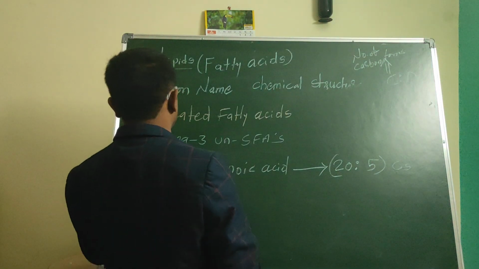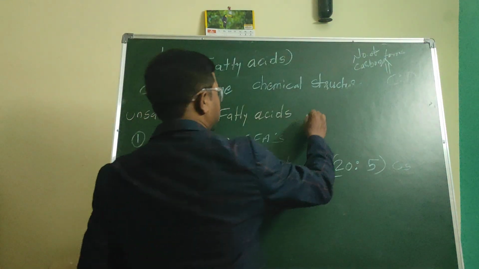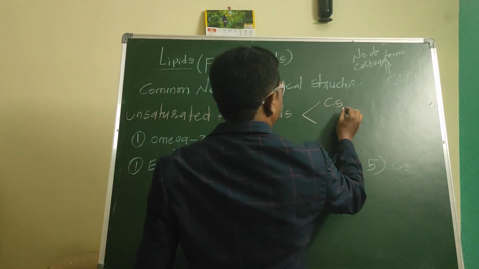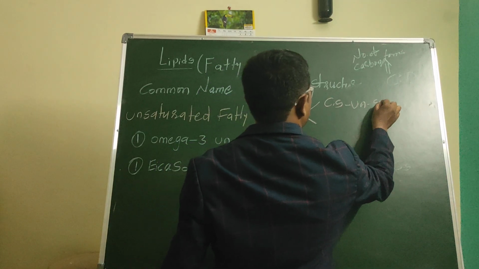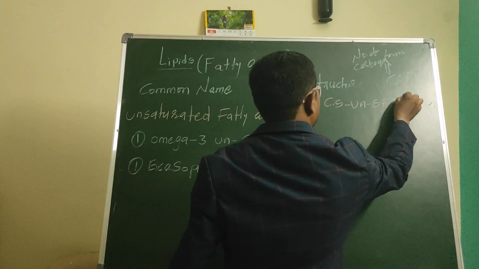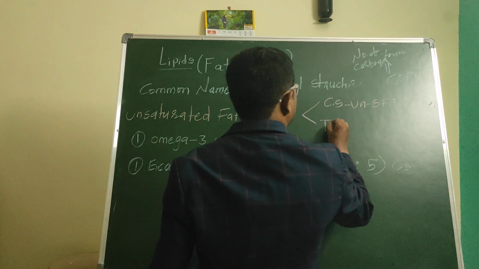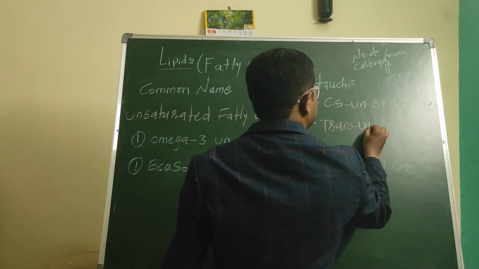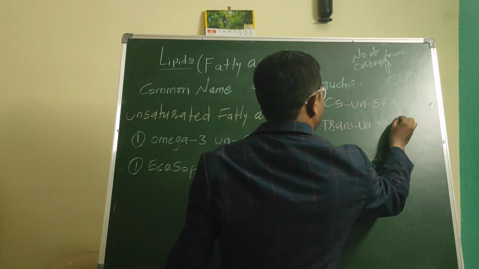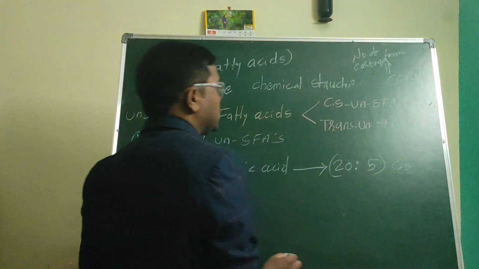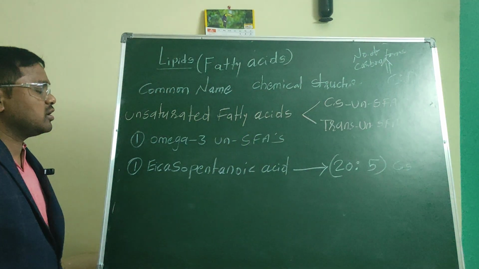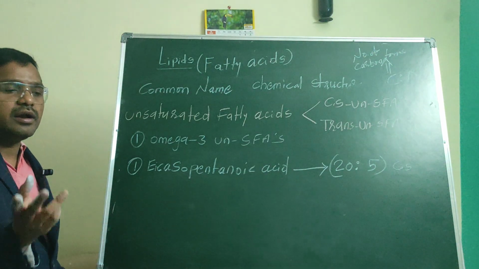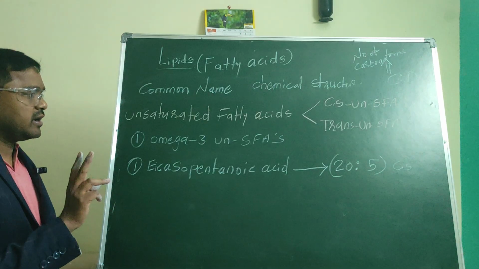The unsaturated fatty acids are of two types. One is cis unsaturated fatty acid, second one is trans unsaturated fatty acid. Cis and trans unsaturated fatty acids are divided based on the double bonds.